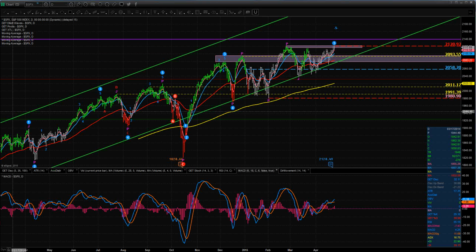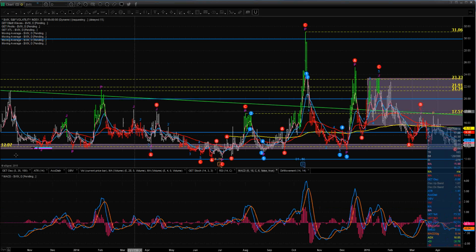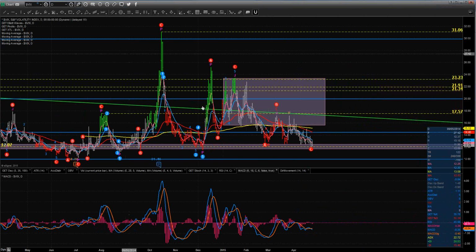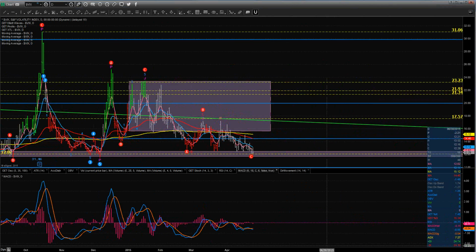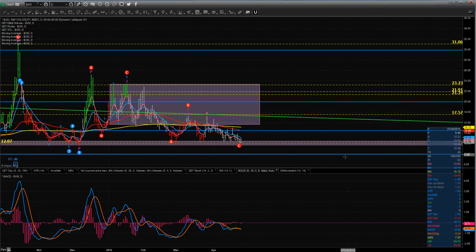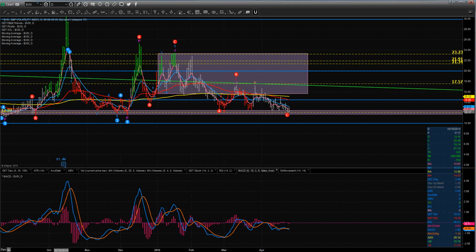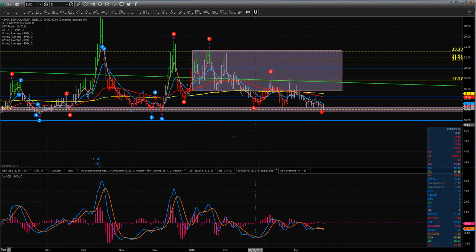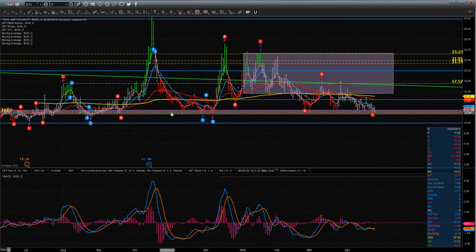And again, if we look at volatility, let's look at the VIX here. It finished Friday at 12.29, very low. You can see we're down here in this shaded zone right here, and every time we've come down here, we've stayed down here for quite some time, but we generally bounce off of these low levels and move back up.